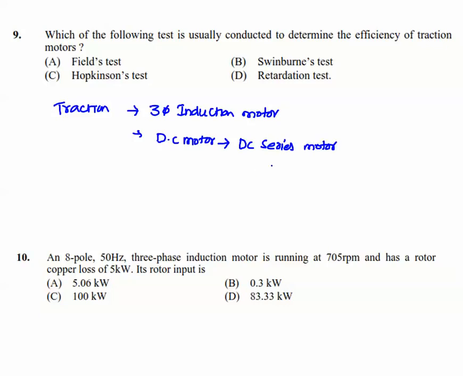Now in the given options, we need to find the efficiency of a DC series motor. Except the field test, the Swinburne's test, retardation test, and Hopkinson test are used to find the efficiencies of DC shunt motors and compound motors. The only option left is the field test. So the field test is used to find the efficiency of DC series motors, that is, traction motors.